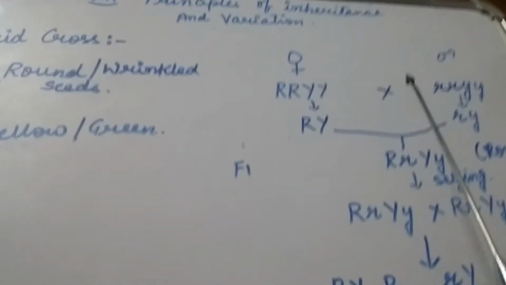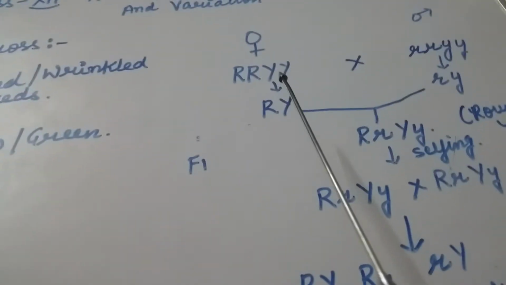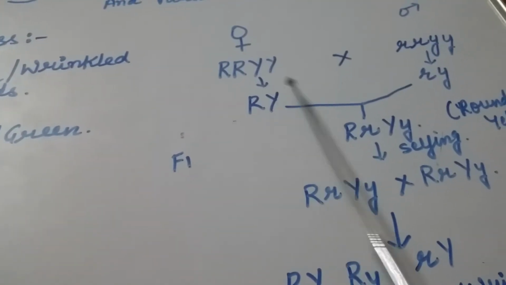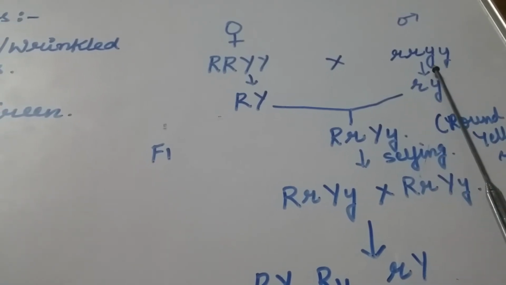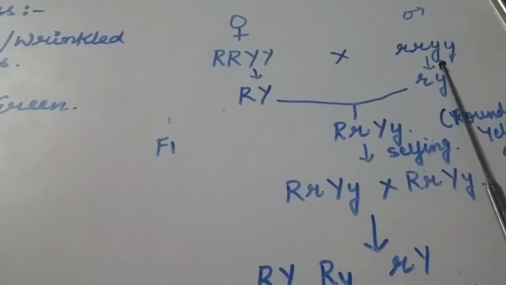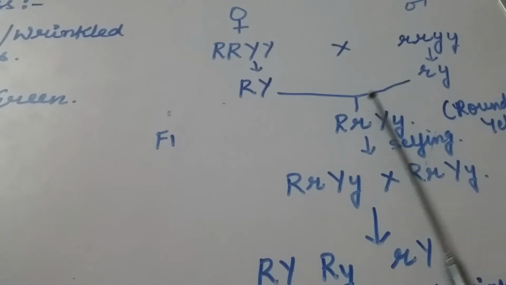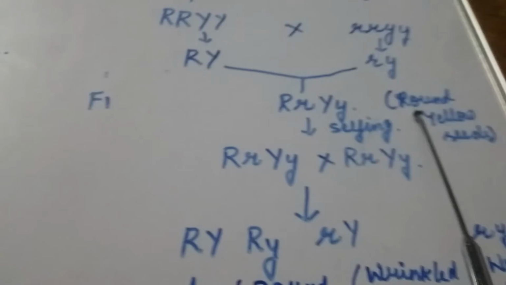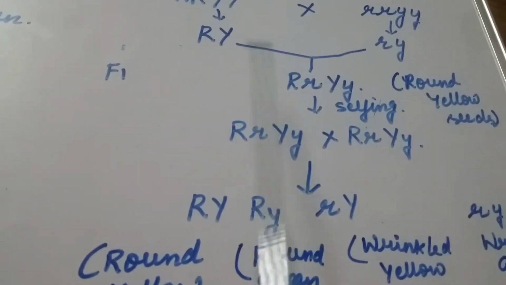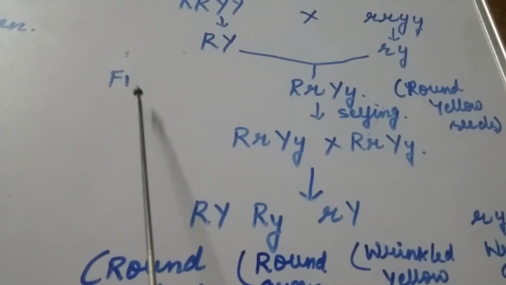Now on doing the cross, we can see round and yellow seeds is crossed with wrinkled and green seeds, and it results in the formation of round yellow seeds at the F1 generation.